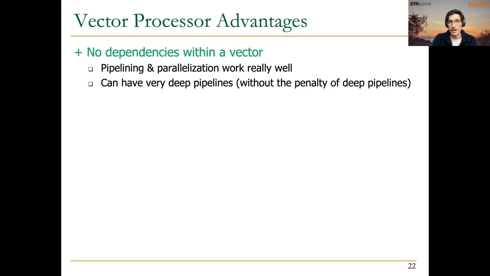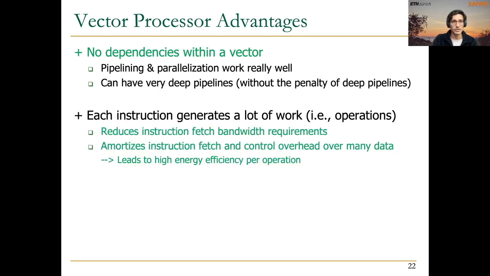The first one is that there are no dependencies within a vector. So this makes the pipelining and parallelization easy, and we can have deep pipelines that can tolerate high latencies better. Each instruction generates a lot of work, a lot of operations in the end, because if we have a vector length of 50, additions will happen at once or in a relatively short amount of cycles.